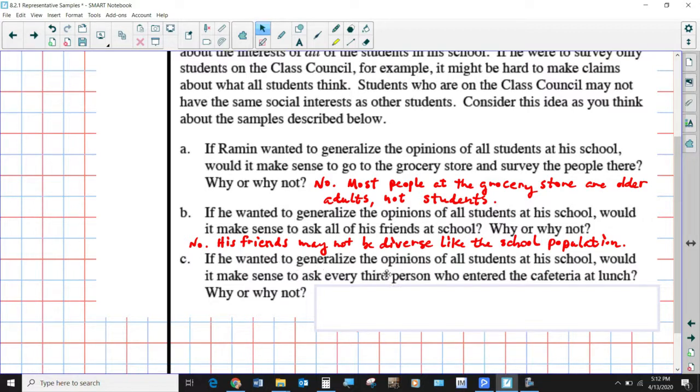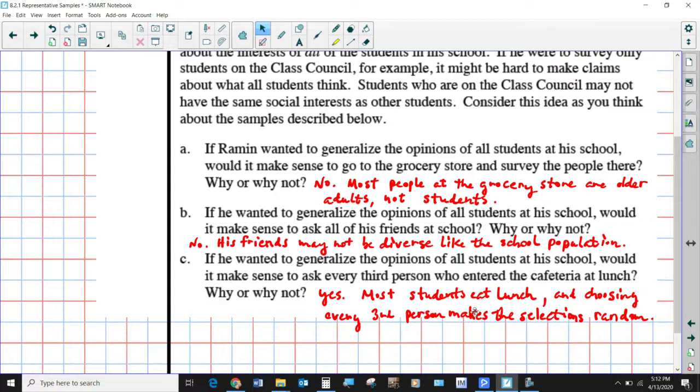And then if you wanted to generalize the opinions of all the students at a school, would it make sense to ask every third person who enters the cafeteria at lunch? I actually think that's pretty good. Most of the students go and eat lunch, and if you're doing every third student, then you are randomly choosing people.